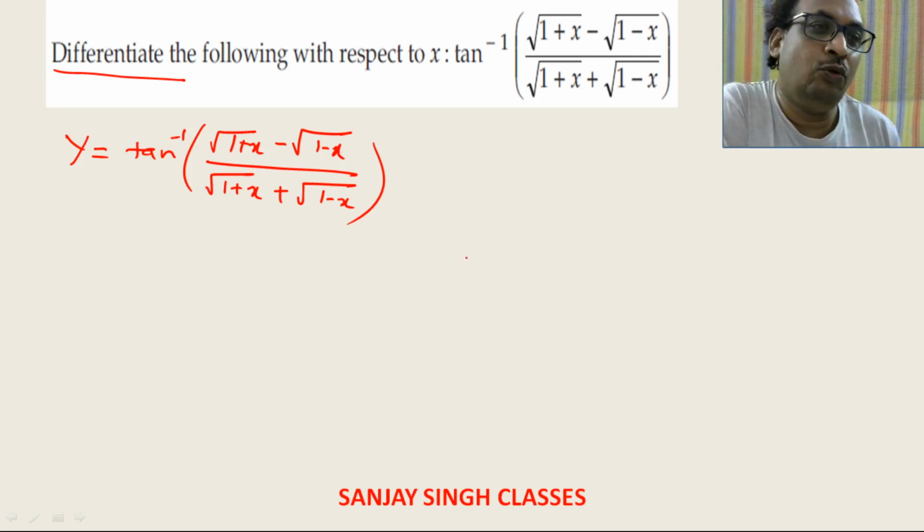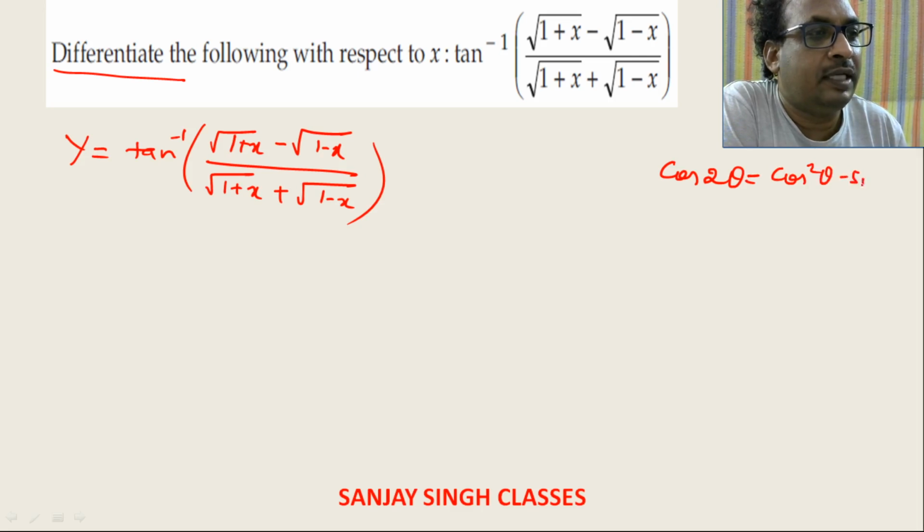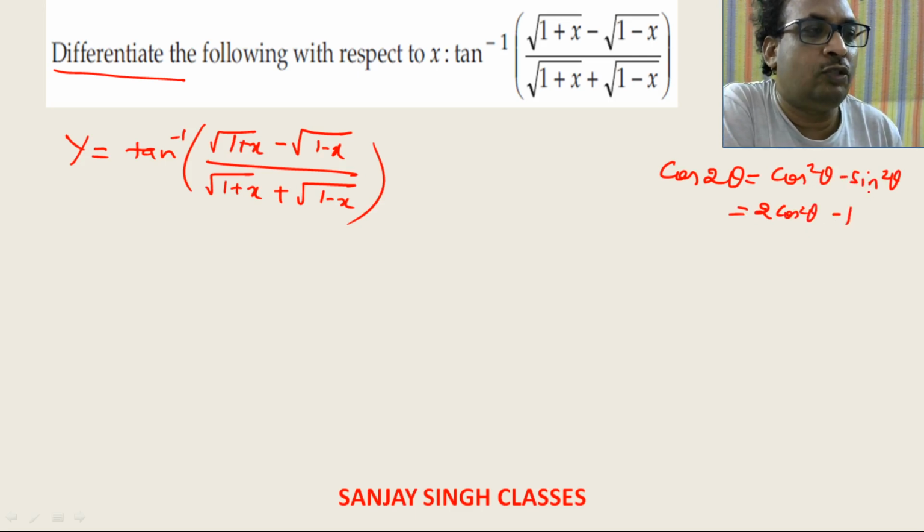Let me tell you something about the fundamentals of trigonometry. In trigonometry we have formulas like cos 2 theta is equal to cos square theta minus sin square theta. This can also be written as twice cos square theta minus 1, because sin square theta is equal to 1 minus cos square theta.